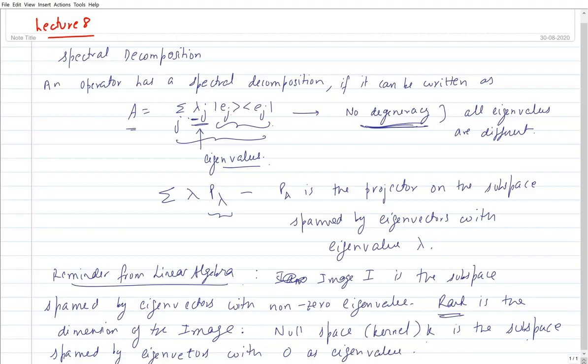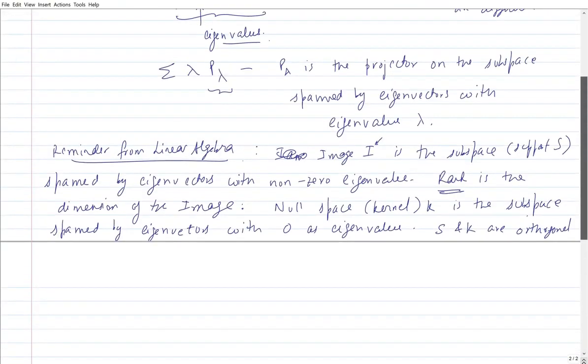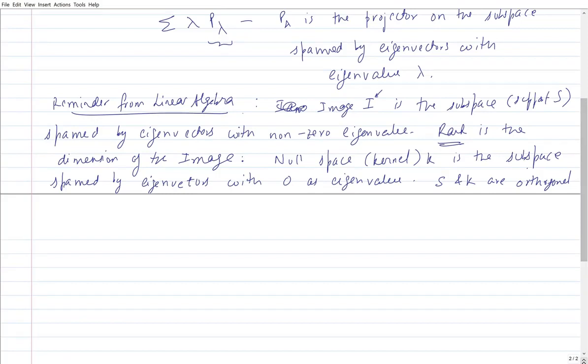And I'll also call the image the support. This is also called the support. And S, the support, and the kernel K are orthogonal. So this is just linear algebra, not very important at this point of time, but I would encourage you guys to go back and revise these concepts.